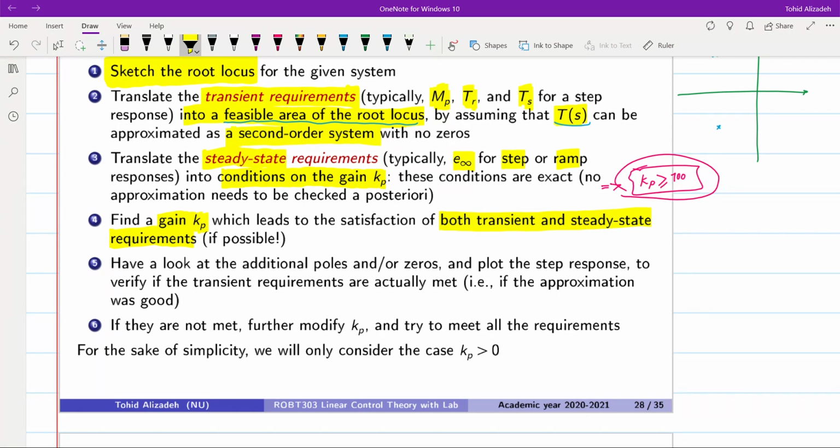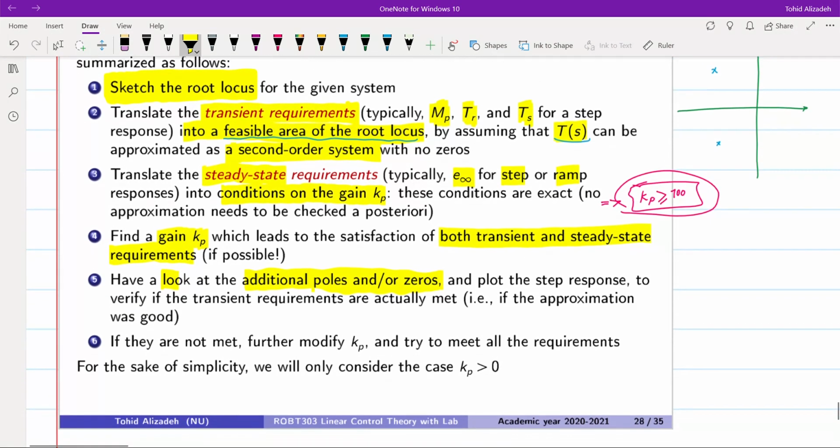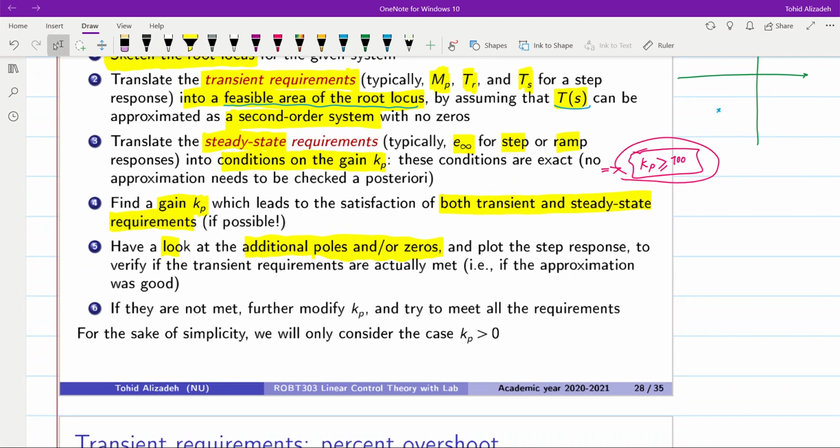After finding the value for KP, we need to have a look at the additional poles and/or zeros of the system, because we have assumed that the whole system could be approximated as a second order system, but if there are additional poles or zeros, we need to consider them as well. We should plot the step response of the system with the designed controller and verify if the transient requirements are actually met or not.